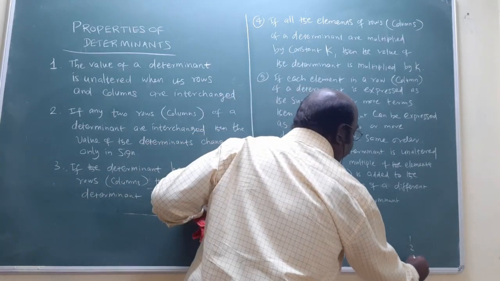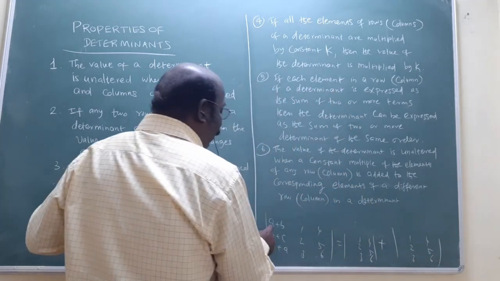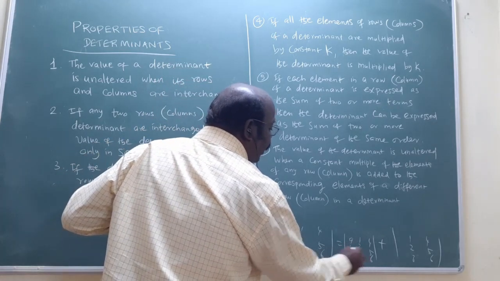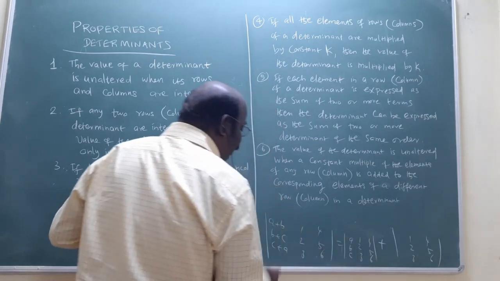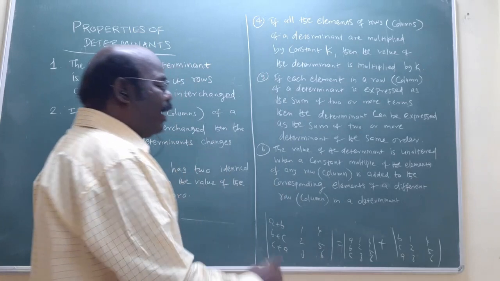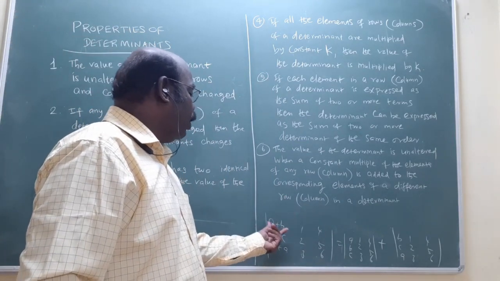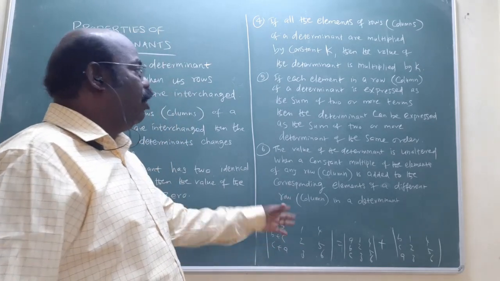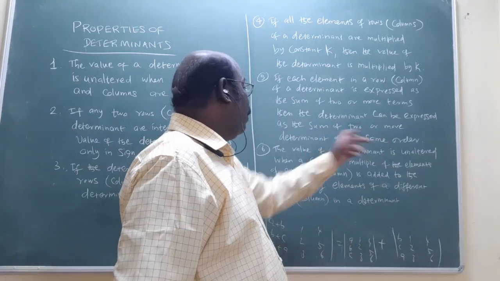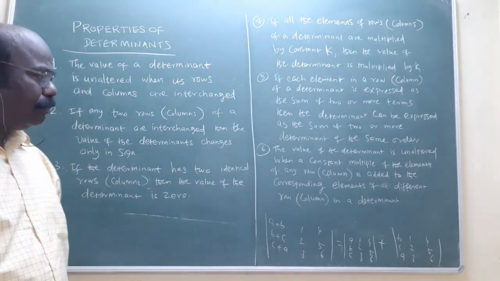What are the first elements? A, B, C. In this way you find the first determinant. Next is B, C, A. In this way you find the second determinant. When a sum of two or more terms is involved, you split it, and the determinant can be expressed as the sum of two or more determinants of the same order. In this way you split it.